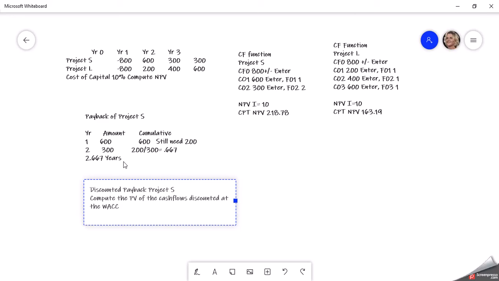Okay, so then if we do year one, we're going to have 1 as our N, 10 as the IY. We're computing the present value, so we'll come back to that, zero out the payment, and then the $600 is the future value. And then we'll compute our present value.